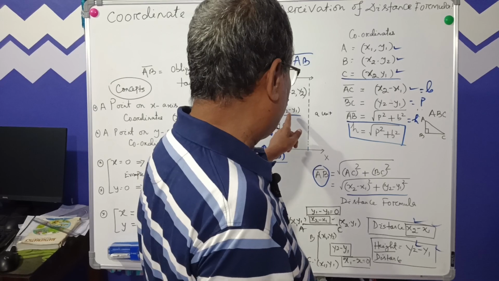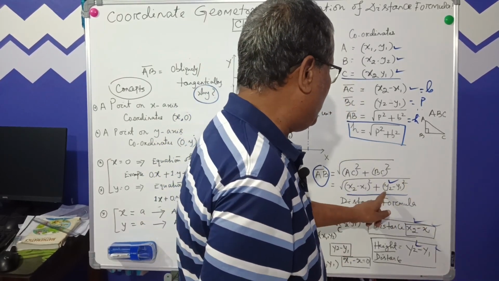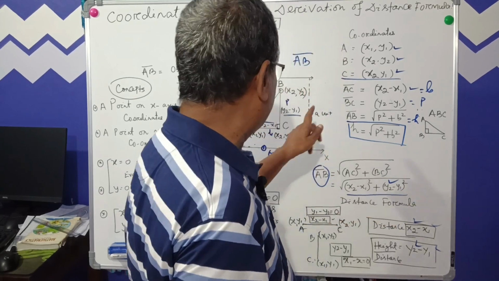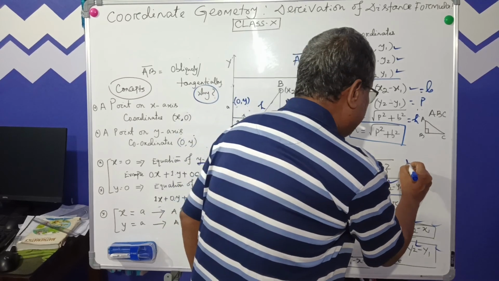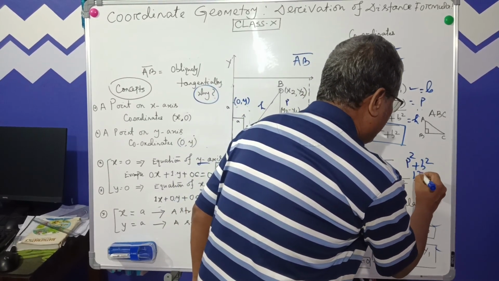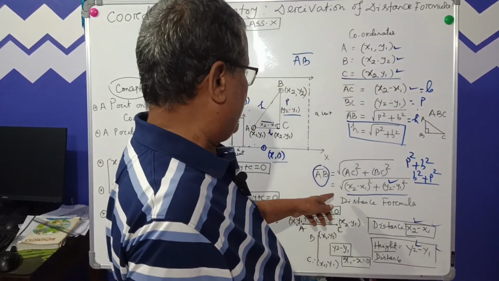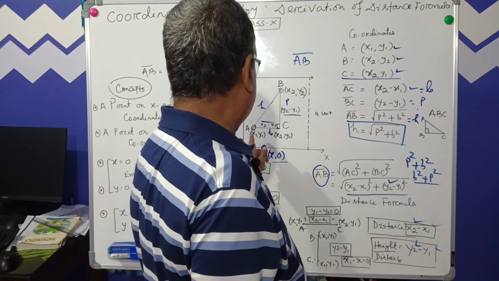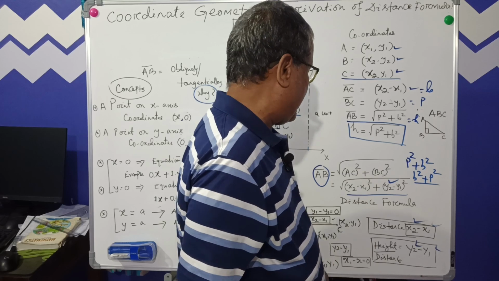The perpendicular square is BC square, that is y2 minus y1 whole square, and the base square is AC square, that is x2 minus x1 whole square.